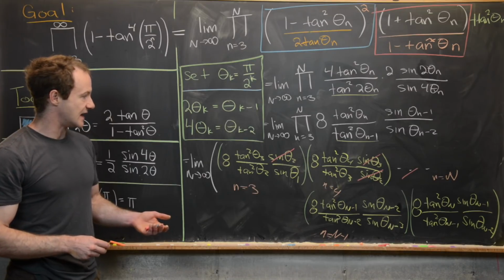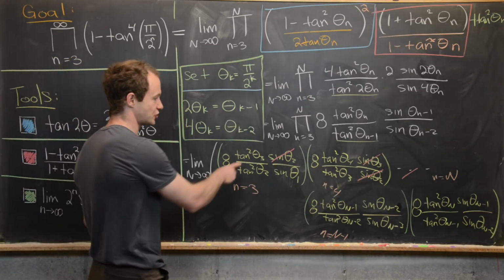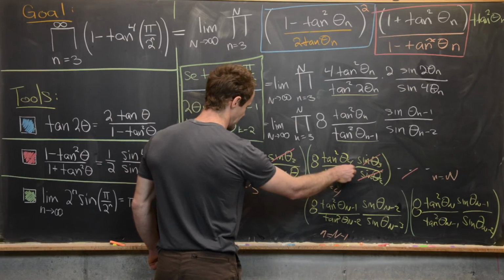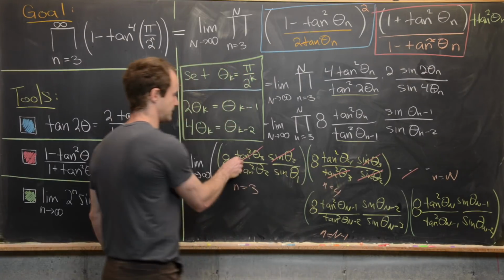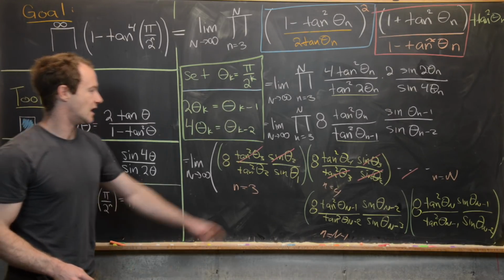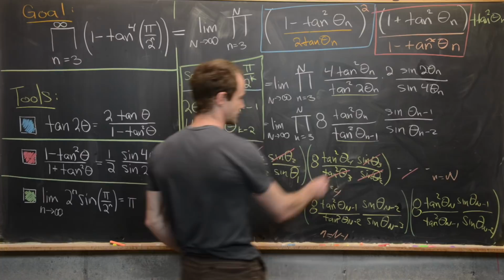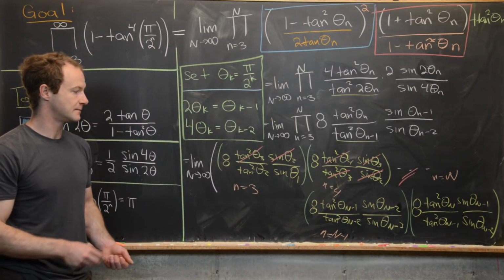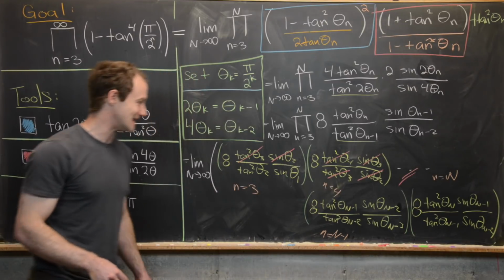So we've got a tangent squared theta 3, which will cancel the tangent squared theta 3 here. Good. And then we also have a tangent squared theta 4, which will cancel a tangent squared theta 4 in the future.